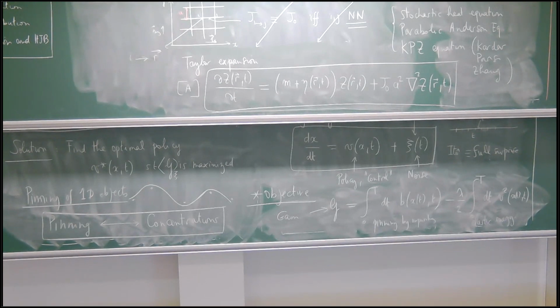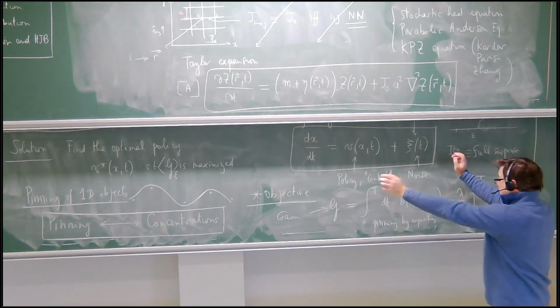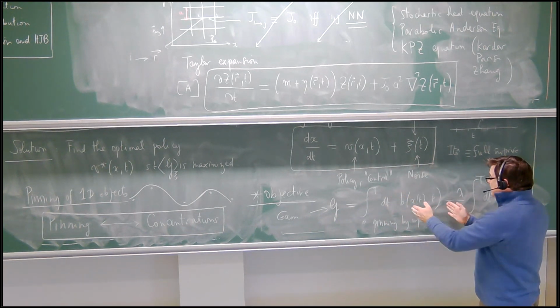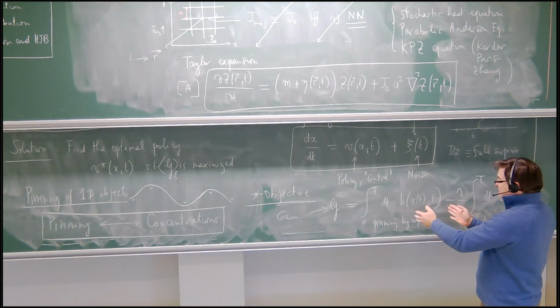Yes, sorry. I'm not sure if I have understood what is the equivalent of the impurities in this specific problem. Okay, so B of X and T is the bounty in my treasure hunt.